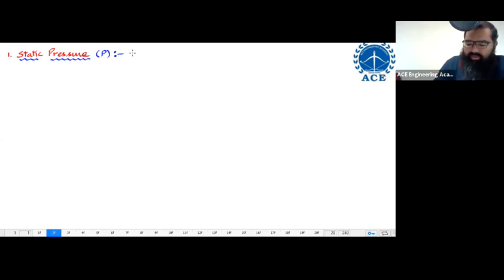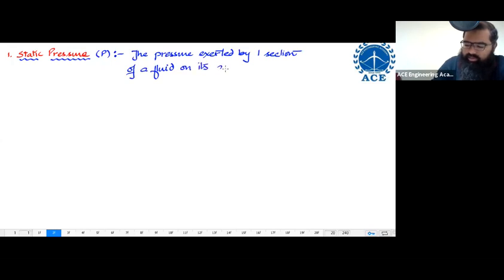How do we define this? The pressure exerted by one section of a fluid on its adjacent section.